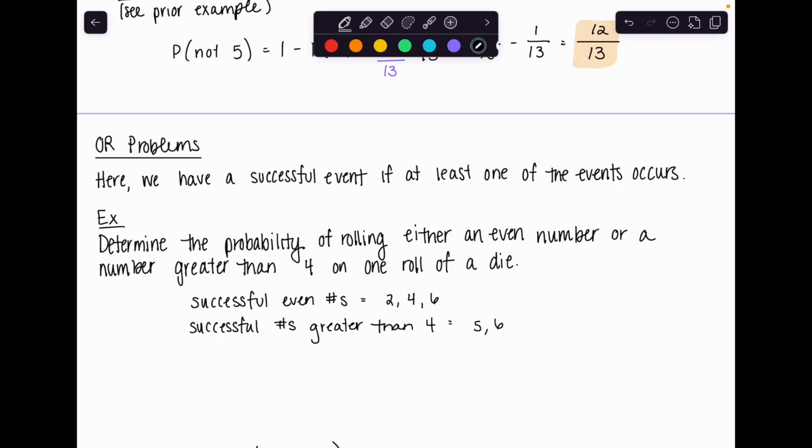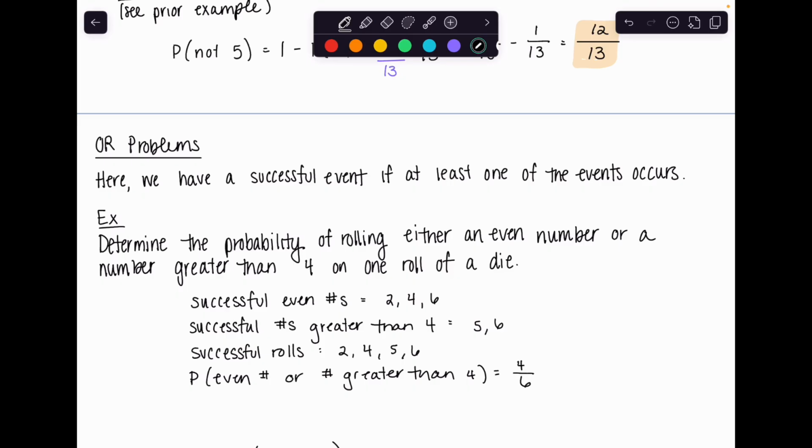So my total number of successful rolls are any of the numbers 2, 4, 5, or 6 if I merge these two lists together. So my probability of getting an even number or a number greater than 4 is 4 out of 6.